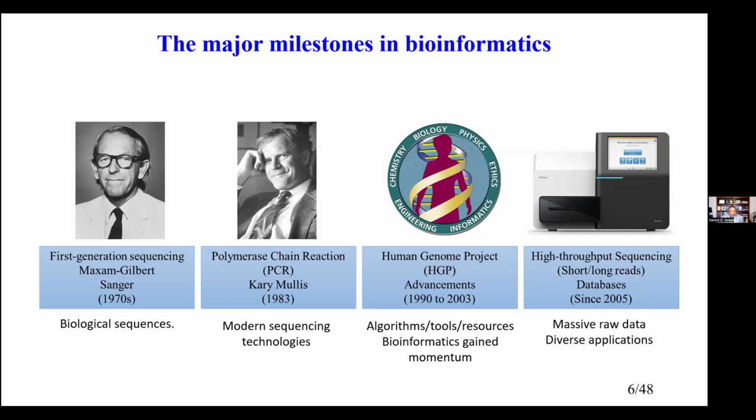They were using different sequencing machines, but the Sanger method was the only method they were using at that time. And the project itself to sequence the complete human genome took about 10 years, and during these 10 years, about $3 billion was spent on that project.